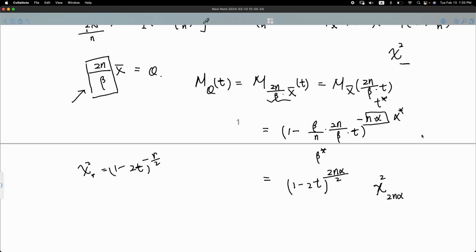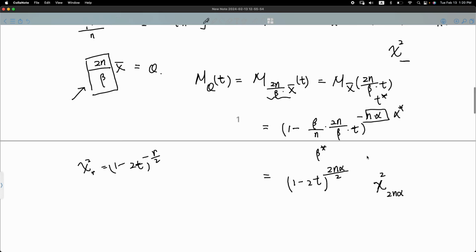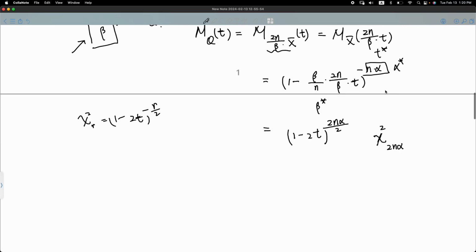Yeah, because here it's just negative n alpha. So your question is regarding why there's the 2? It's just because you divided by 2, so you have to.